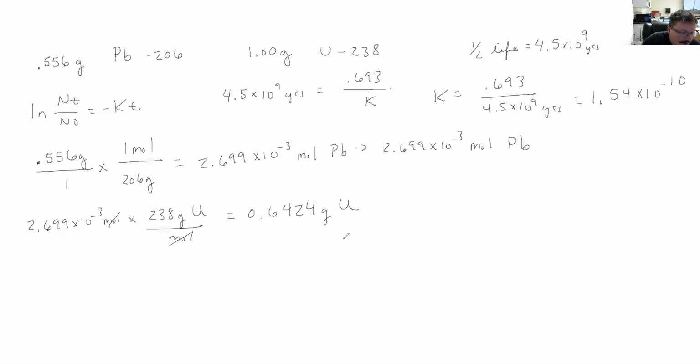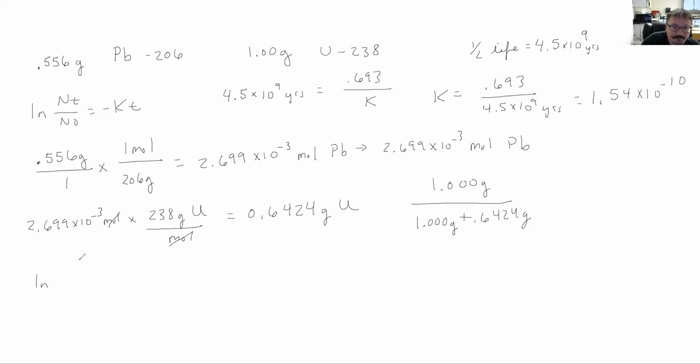So what we can do now is add that to the initial amount. Our N_t should be the 1 gram of uranium remaining, and N_0 is that 1 gram that we have now plus the amount that decayed over time.